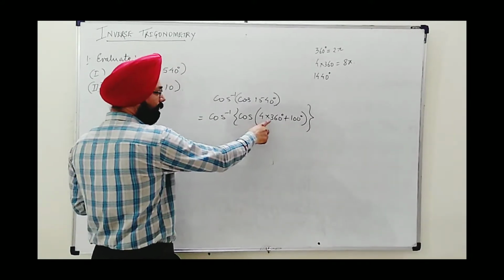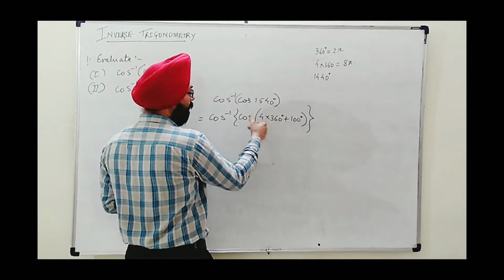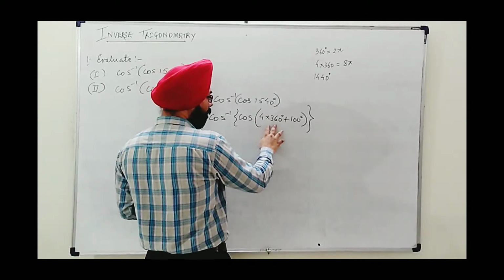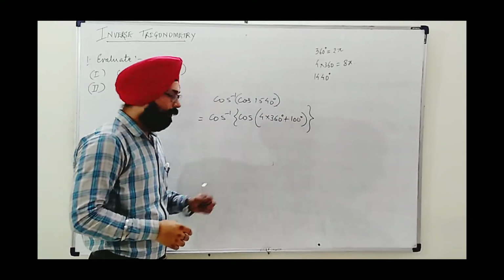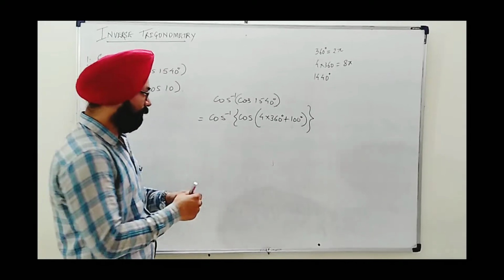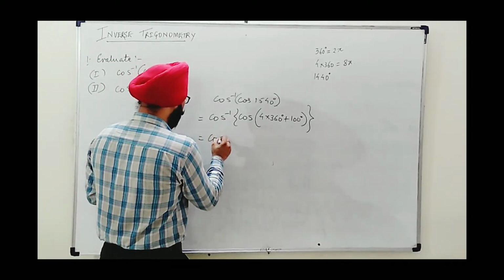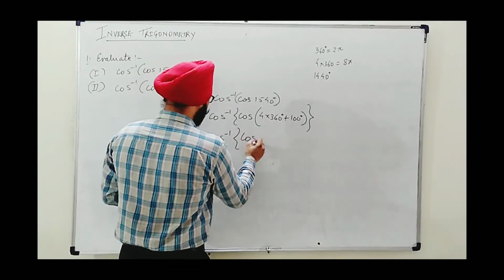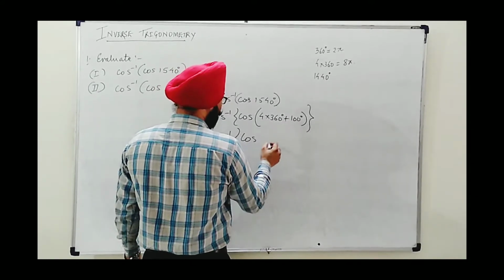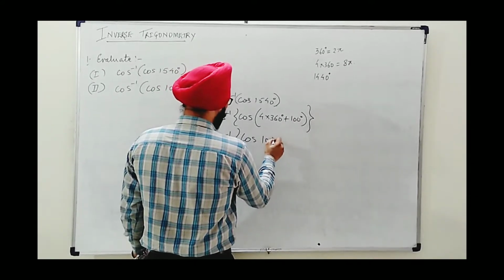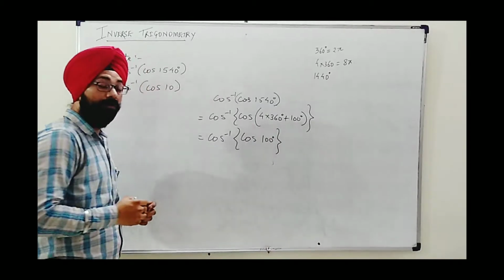As we know, a multiple of 360 will behave like 360 only, so this will be 360 plus theta, and cos 360 plus theta is cos theta. So cos inverse of cos 360 plus theta becomes cos inverse cos theta, meaning cos 100.